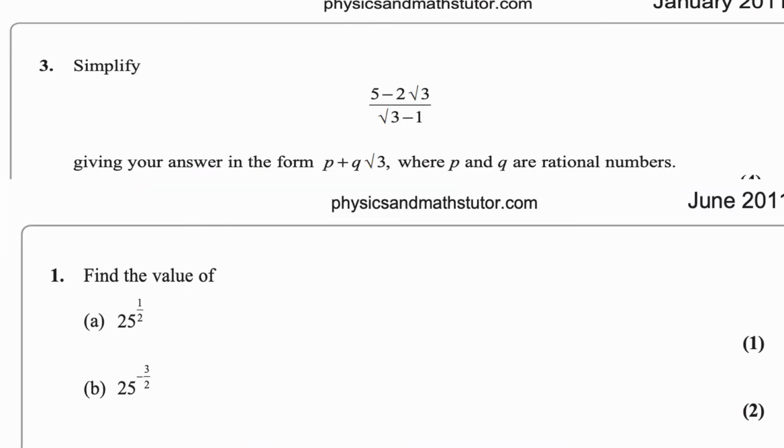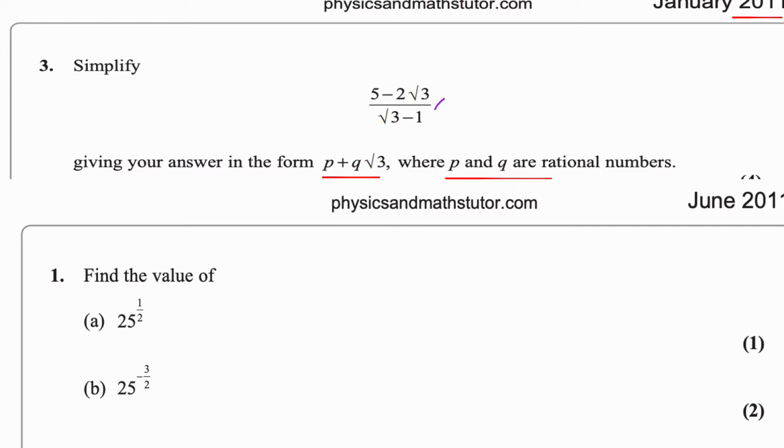Question number 3, guys, looking at rationalizing thirds, is from the Jan 11 paper. Simplify this third, giving your answer in the form p plus q root 3, where p and q are rational numbers. So we're going to multiply top and bottom by its conjugate.